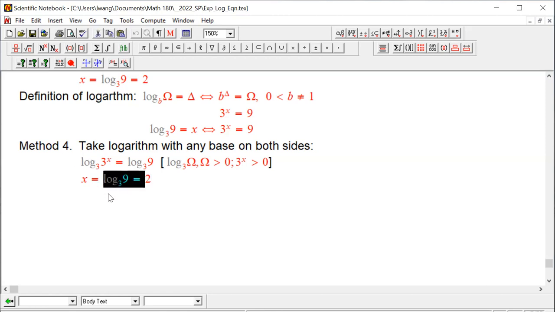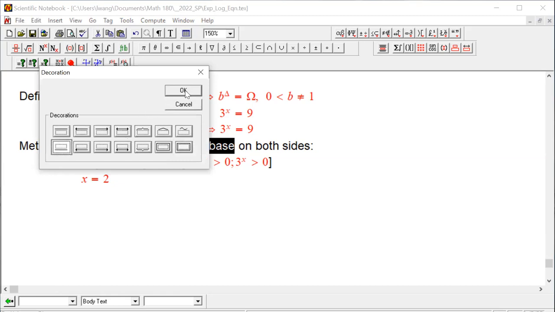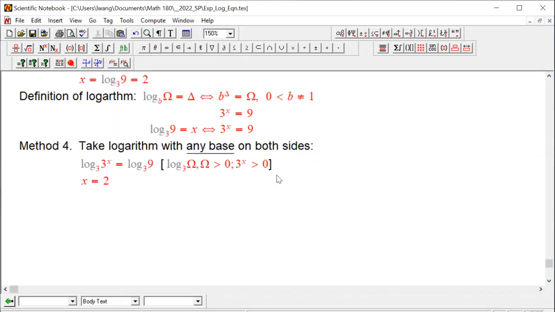We got the answer. But I just mentioned it can be any base. Yes, I mean any base. I can also take the logarithm with base 10, the common log. I can take a common log on both sides. Of course, I need to use the same base on both sides.